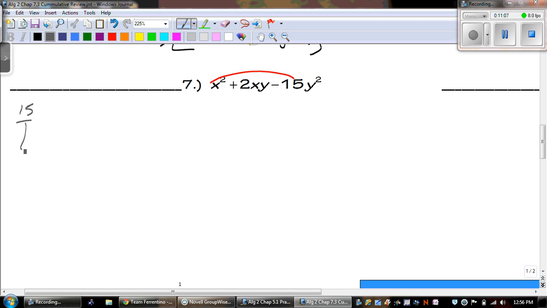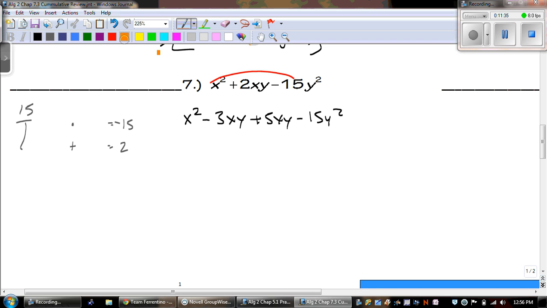The factors of 15 that multiply to get to negative 15 and add to get to 2. After you do that, you should get that it's negative 3 and positive 5. All right, so I'm already going to split the middle term of negative 3xy plus 5xy minus 15y squared.